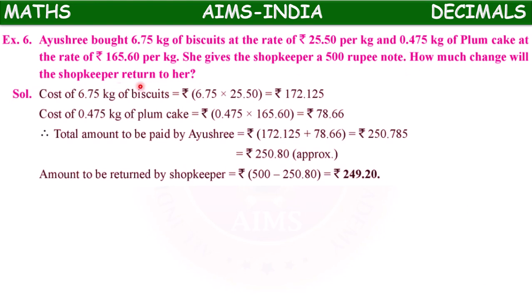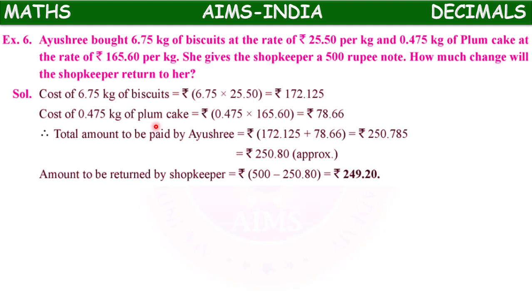So what the shopkeeper will return to her? He will deduct biscuits amount, and he will deduct plum cake amount, and he will minus from 500 rupees. Remaining amount he will give to her. What is the cost of biscuits? Each kg 25.50, like that 6.75 kgs. Multiplication.